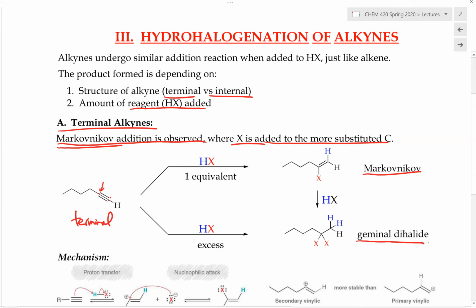Please note that the halogens are being added to the same carbon, so the two halogens are added to the same side. That's something about the regioselectivity that we need to be aware of, in which we will be producing the geminal dihalide. And again, the word geminal dihalide means that the two halogens are added to the same carbon.